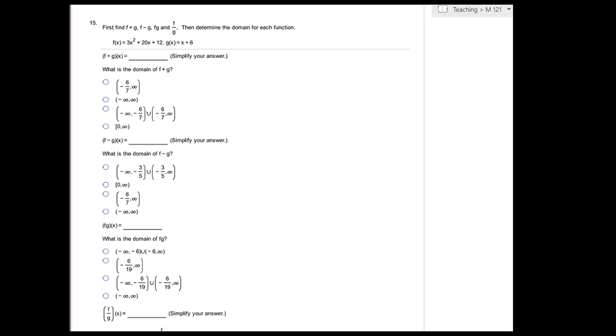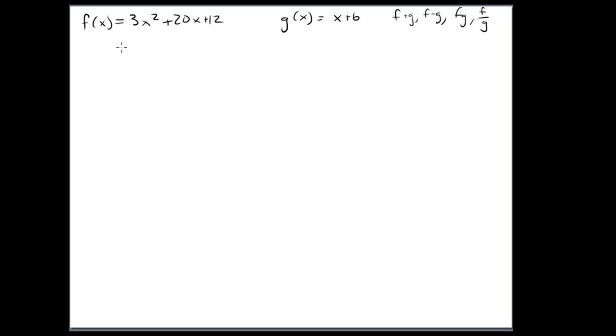So for number 15, we're asked to find f plus g, f minus g, fg, and f divided by g, and the domains for each one of those four for the functions f of x is equal to 3x squared plus 20x plus 12, and g of x equal to x plus 6. I've got these written out so that we've got some space, and let's start with the sum, f plus g.